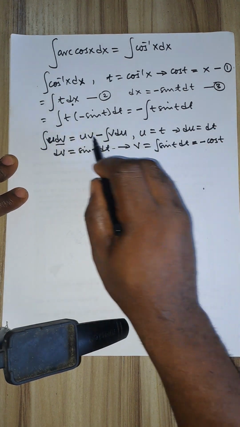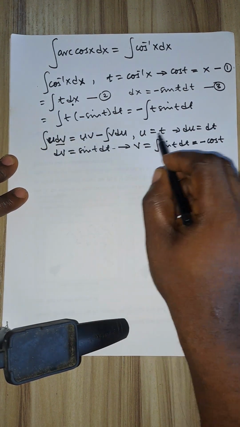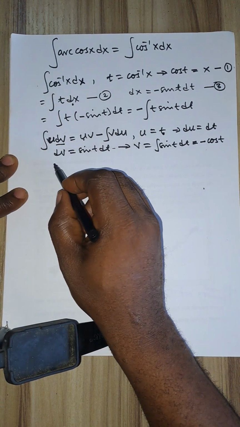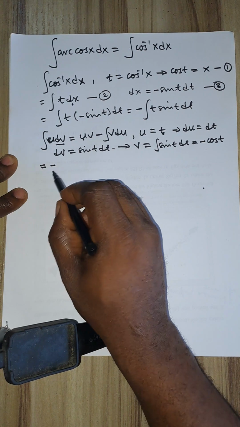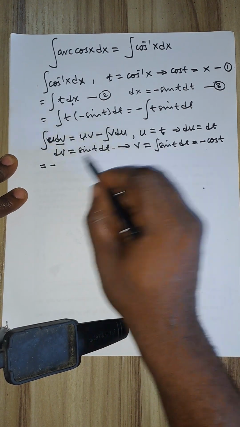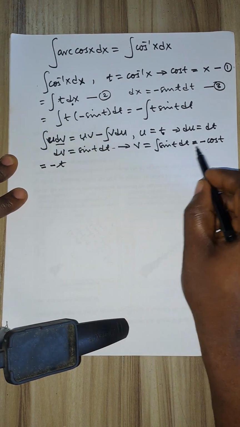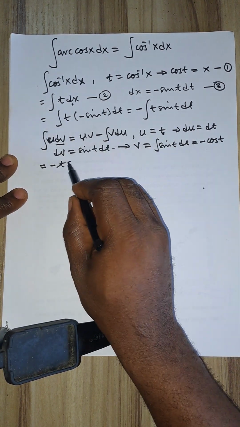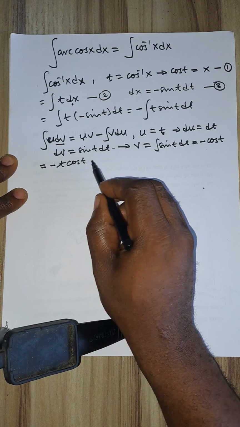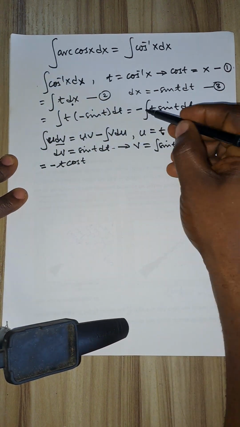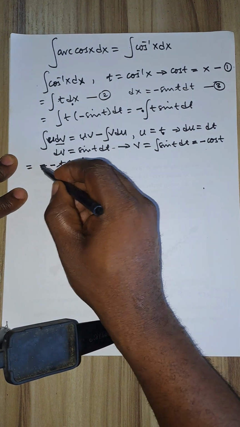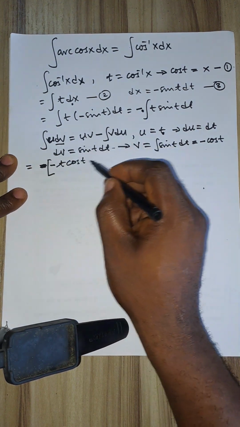So we make our substitution in this formula. Now uv is t times negative cosine t. Why negative? Because v is negative, so it's negative cosine t. Note that there is a negative sign out front, so this negative sign multiplies everything in a bracket.